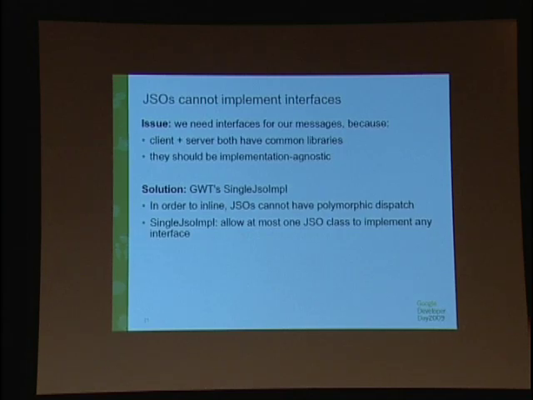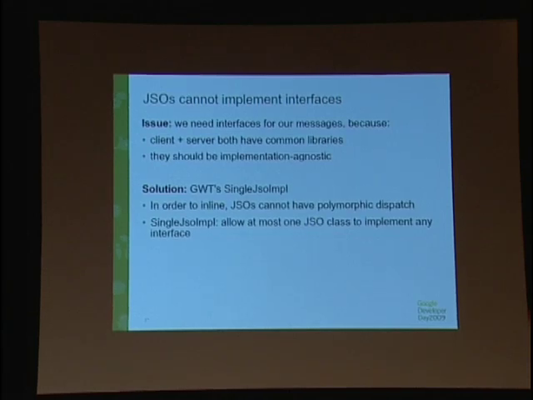So this means that every method call on one of these objects must be statically identifiable as a JavaScript object. So at the time, the way to guarantee this was JavaScript objects just can't implement any interfaces, because an interface implies polymorphic dispatch. It implies virtual method calls.